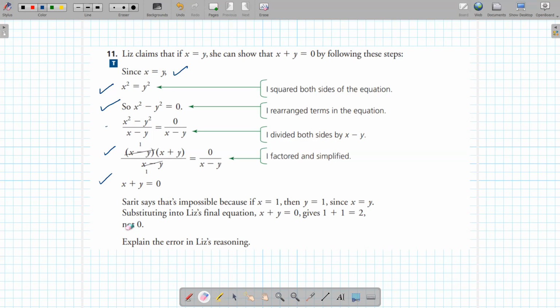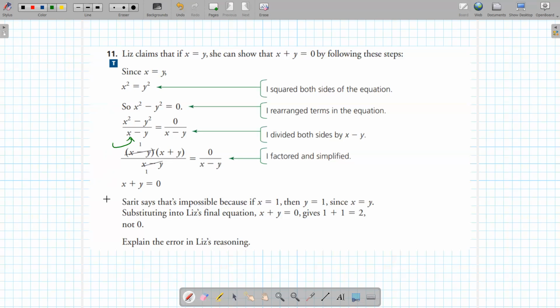And the answer has something to do with the restriction. What's the restriction in this? Look at this denominator here.